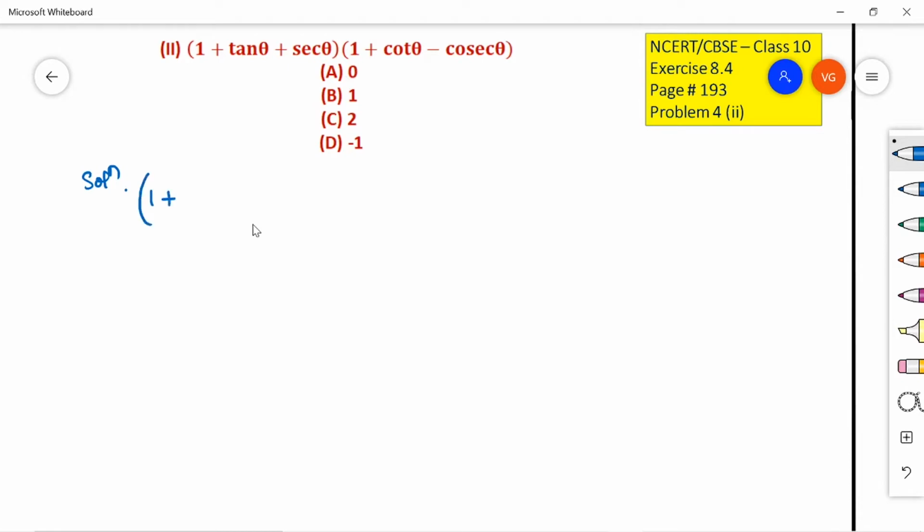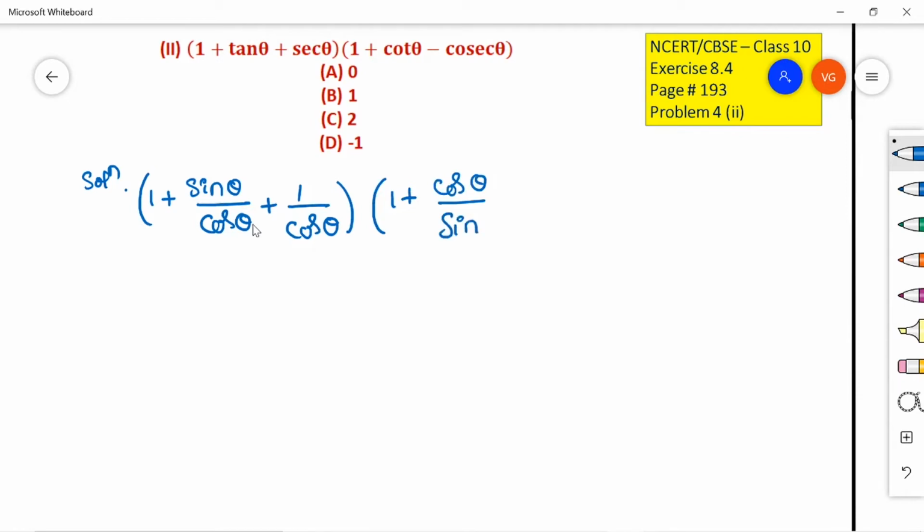That is 1 plus tan theta can be written as sin theta by cos theta plus cosecant theta is 1 by cos theta, whole multiplied by 1 plus cot is cos by sin and then cosecant I am writing it as 1 by sin, right? So here I am taking LCM here, cos theta.